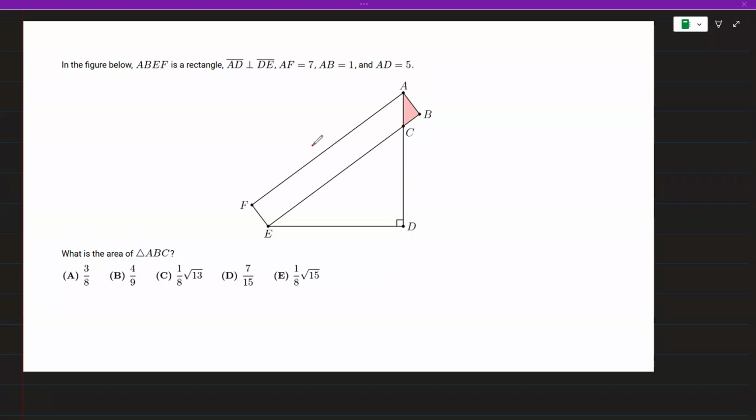Now, since AF equals 7, AB is 1, AD is 5, if we see triangle ABC and triangle DCE, here angle BCA and angle DCE are vertical angles. So first we prove that triangle ABC and triangle DCE are similar triangles.